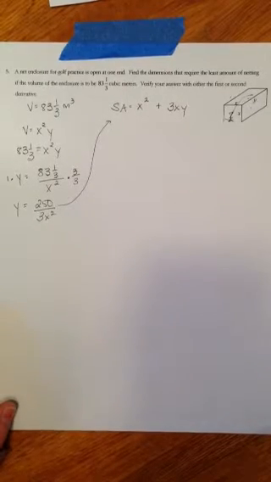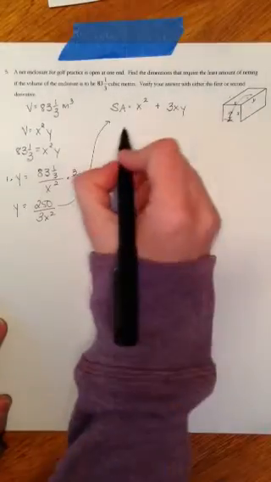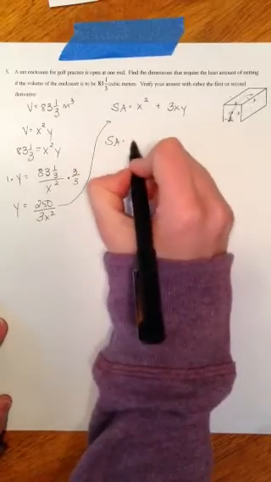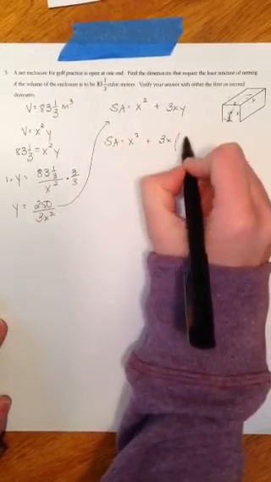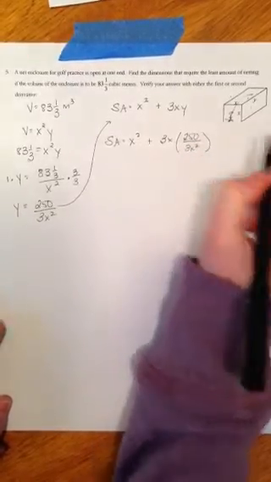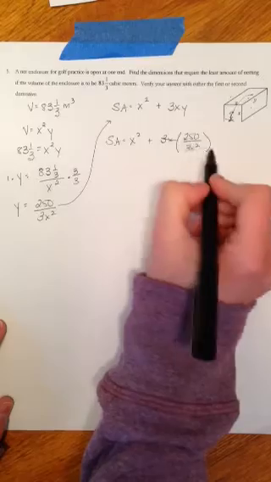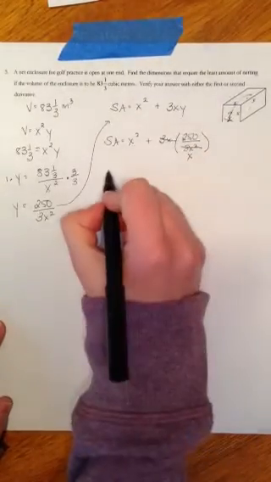I want you to hit pause, sub that in, see if you can simplify and take a derivative. Let's see. How did you do? x squared plus 3x times 250 over 3x squared. Did you simplify? Because this whole thing can get crossed out and all you have under here is an x.